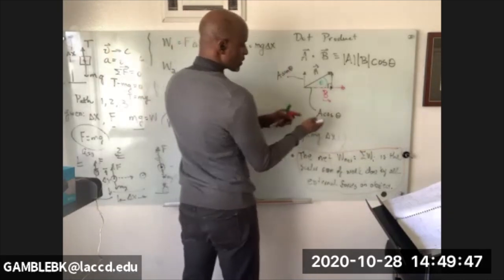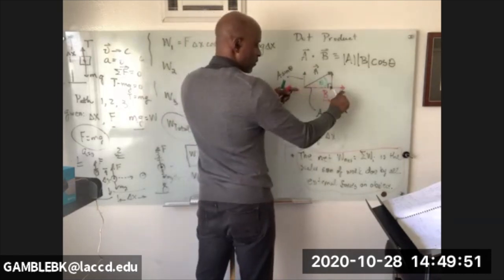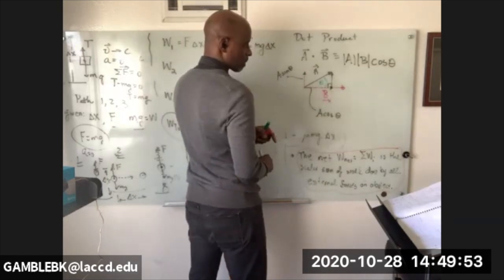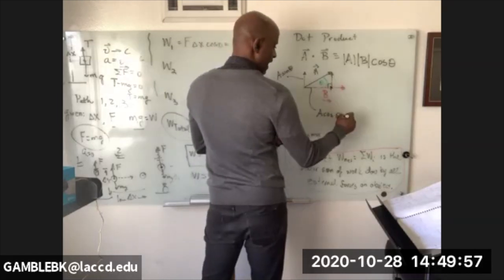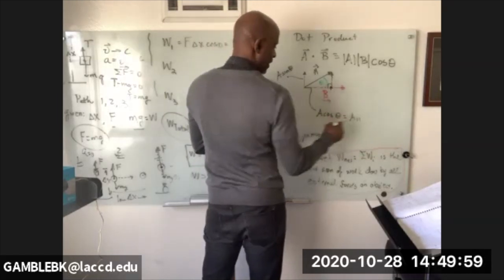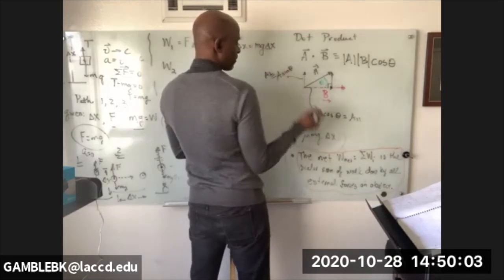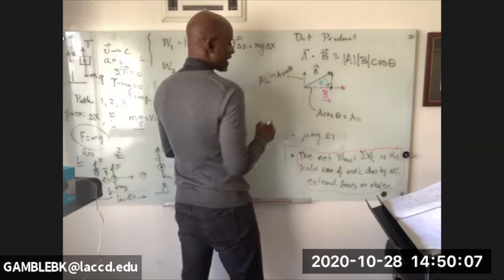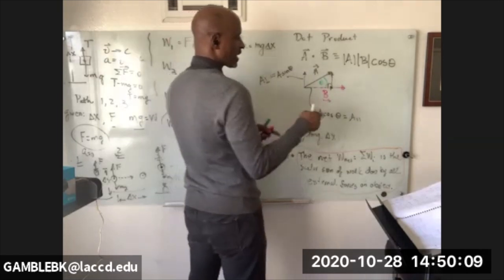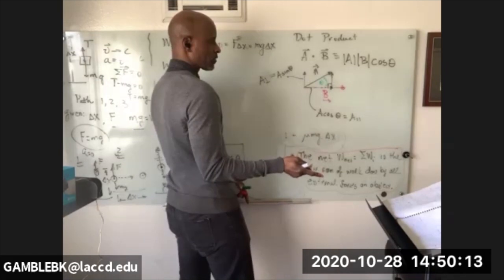So it's the cosine of the angle that gives the projection along the same direction as B. You could call this A parallel to B, and this the component of A perpendicular to B. When you take a dot product, you're picking out the component of one vector that is parallel to the other vector.